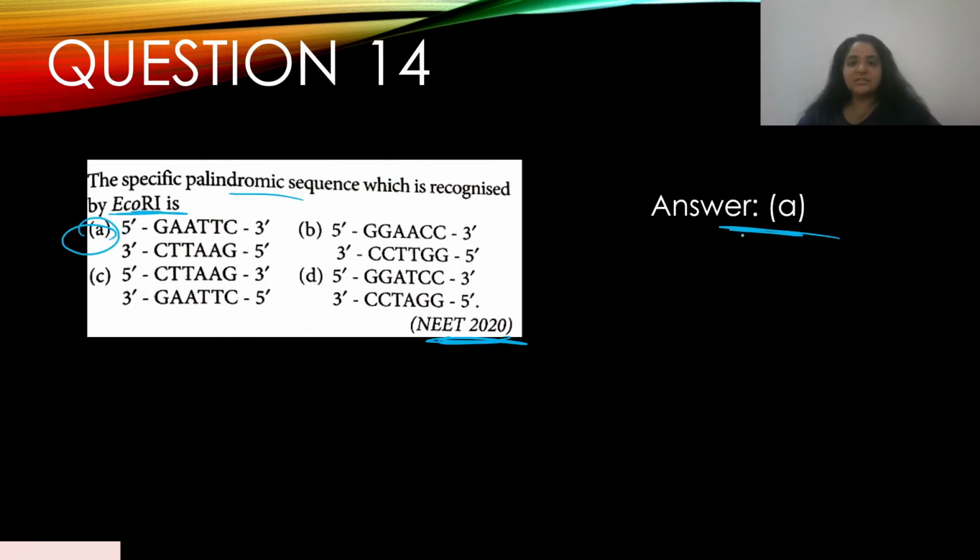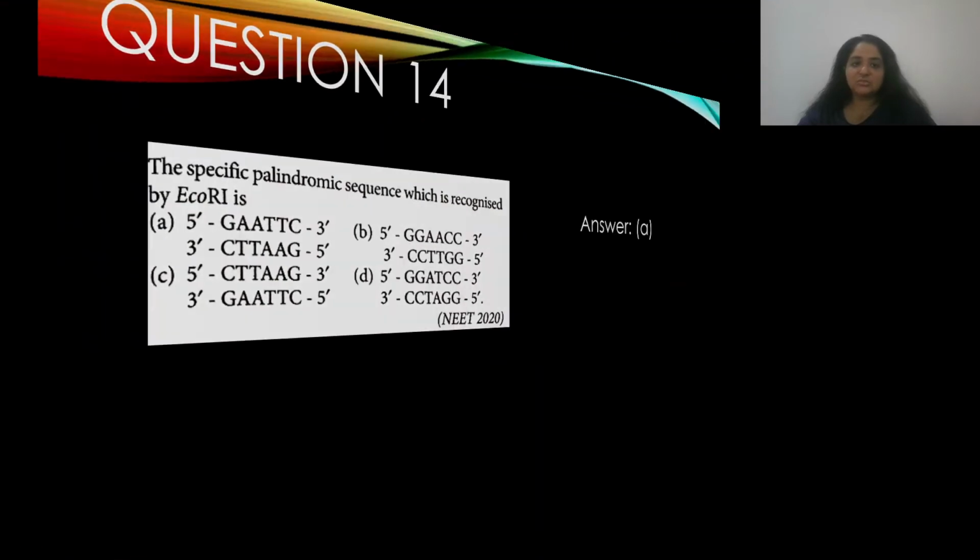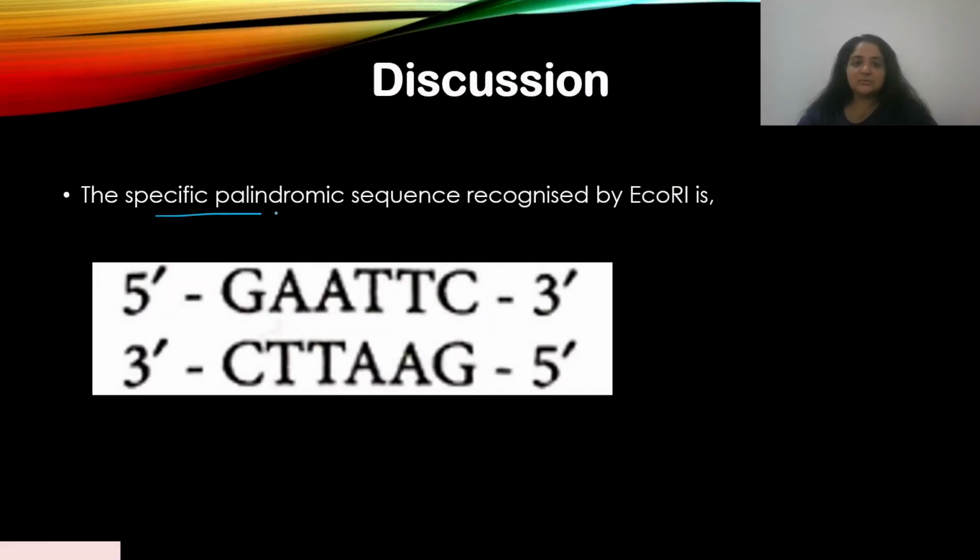The answer is A. This is there in NCERT, so I would suggest you remember this sequence. Please remember this palindromic sequence for EcoRI. This is there in NCERT, so that's why it's been asked. Okay, this was pretty direct.